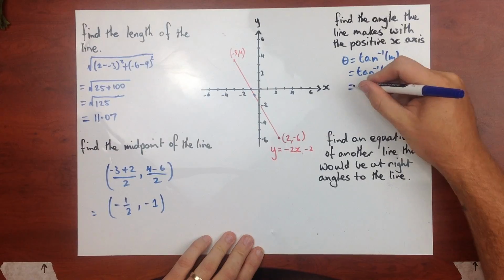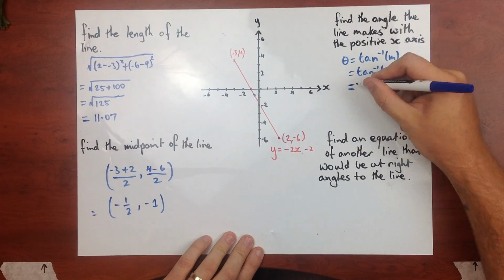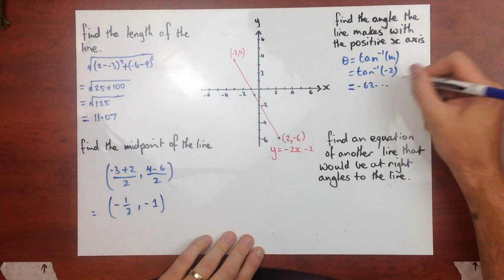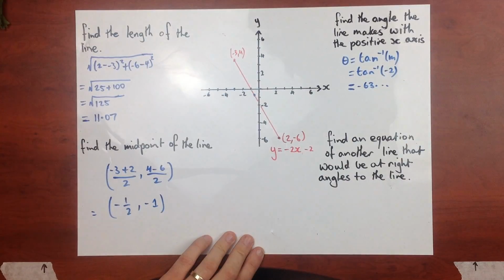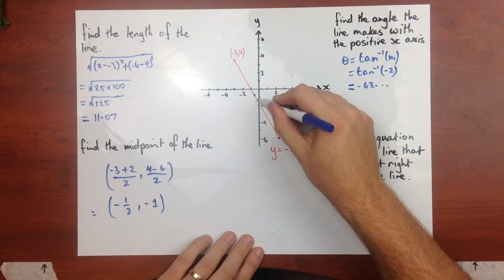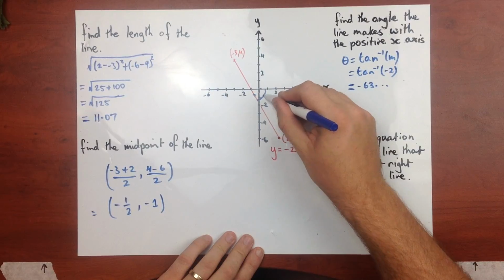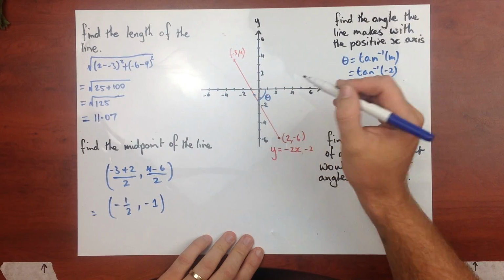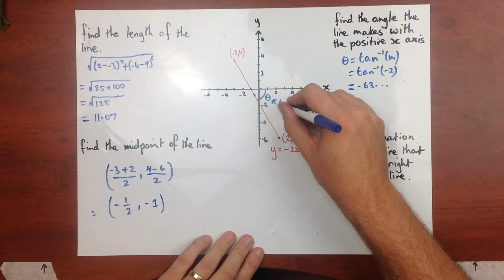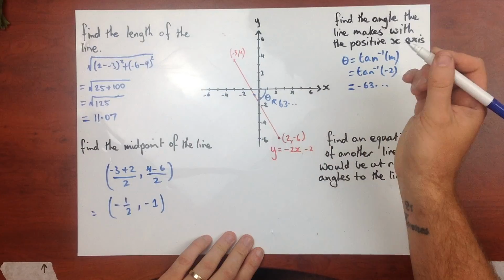Now when you do that, you're going to get, I think it was minus 63 point something or other. Okay, now you need to think about what that actually means. Okay, and that is really, our calculator is spitting out this angle in here. Okay, and it's saying that that is our 63 point whatever it was.